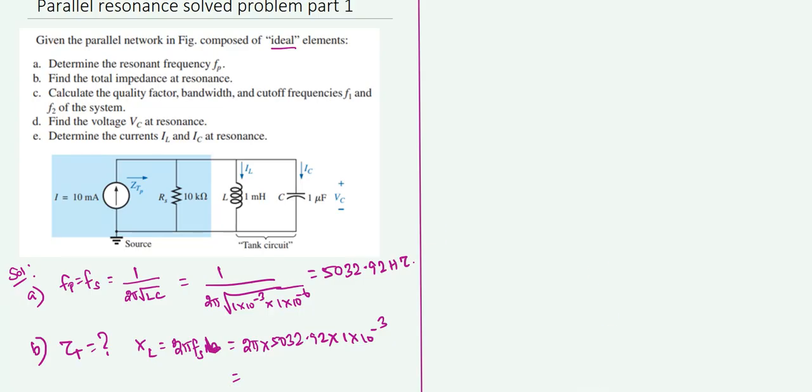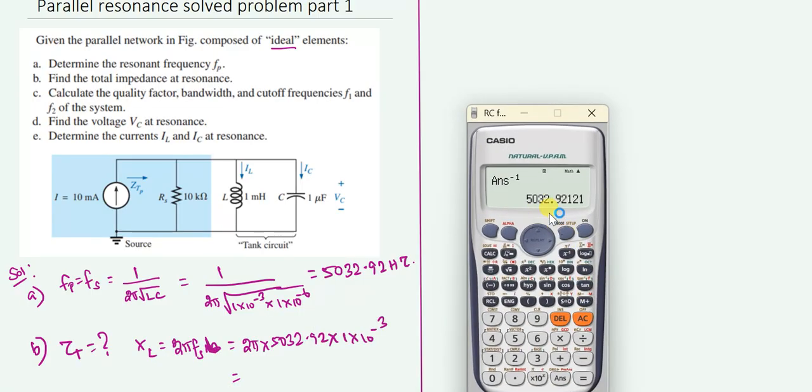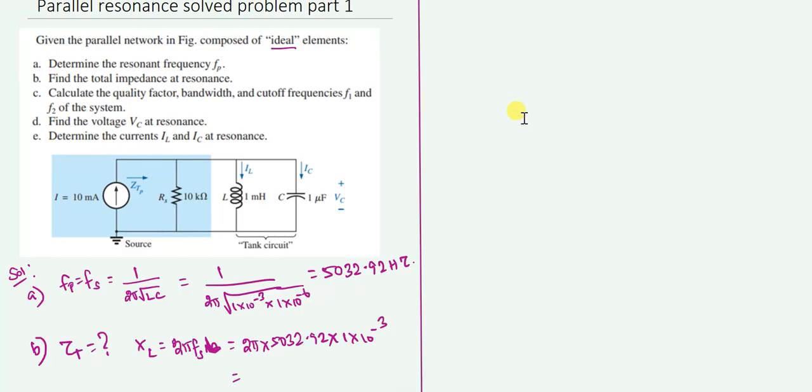If I simplify this, it is nothing but 31.62. So the value of XL which is equal to 31.62 ohm.